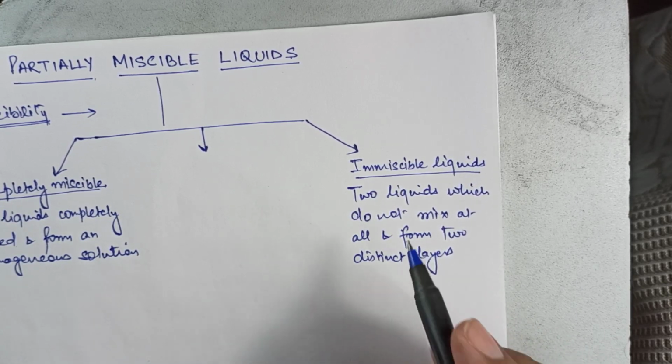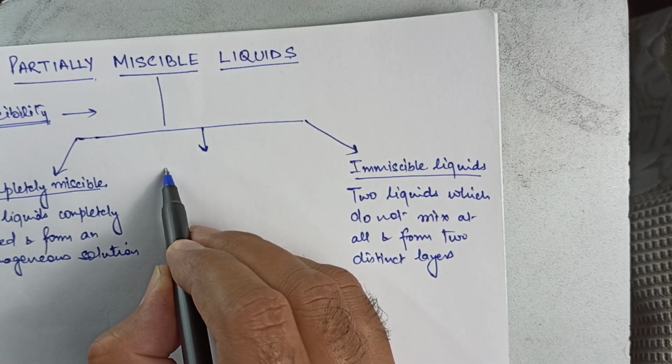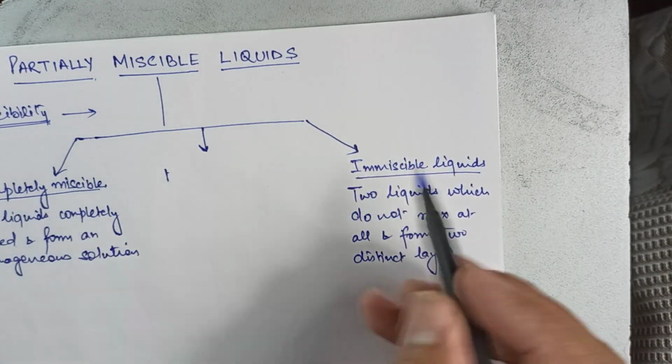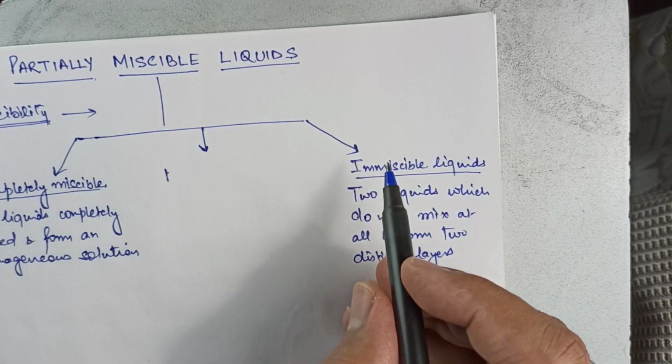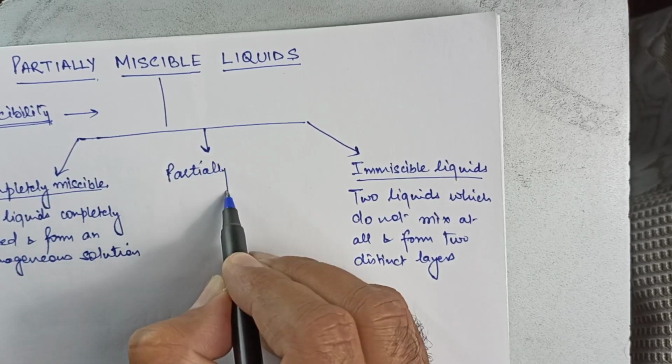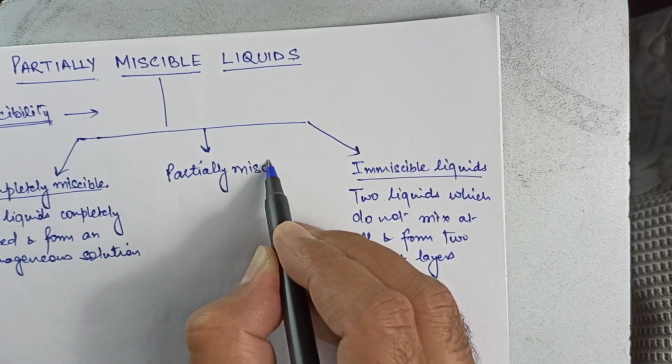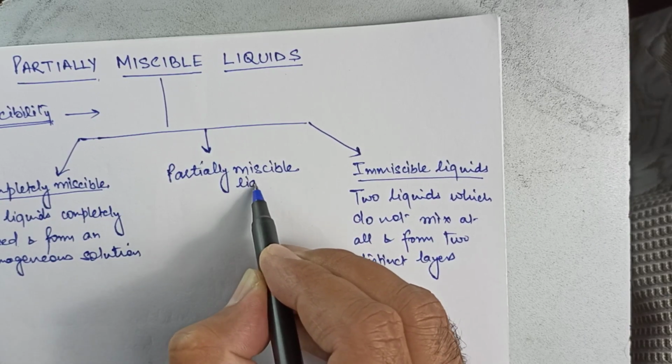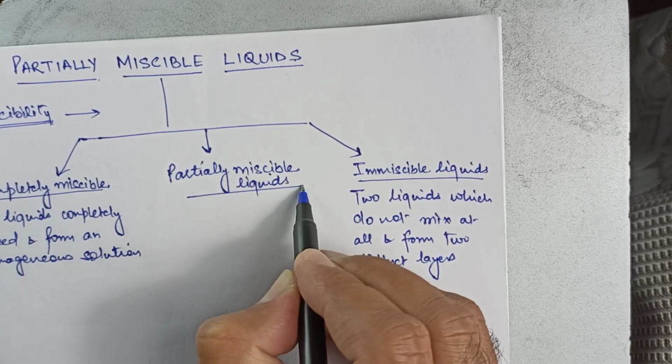Okay, now the third category is between these two, completely miscible and immiscible liquids, that is known as the partially miscible liquids.